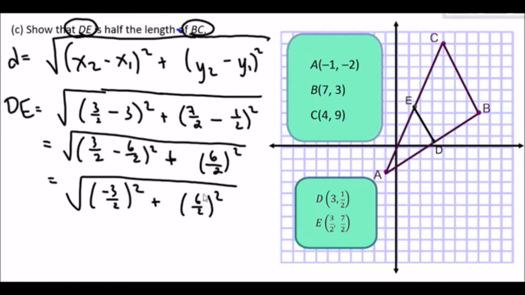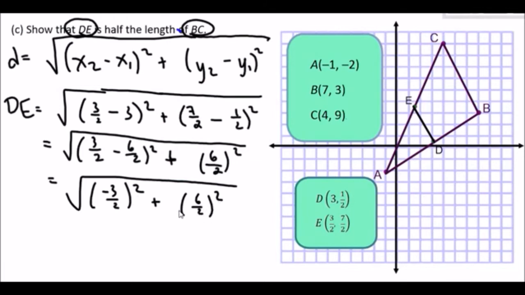And you'll notice I didn't reduce that to 3. 6 divided by 2 is 3. But I'm looking holistically at what I have to do. Here I have divide by 2, and I'm about to square it. Here I have divide by 2 and I'm about to square.